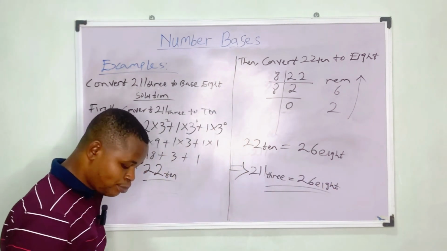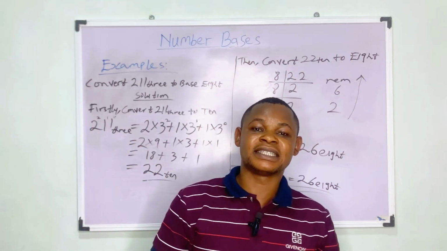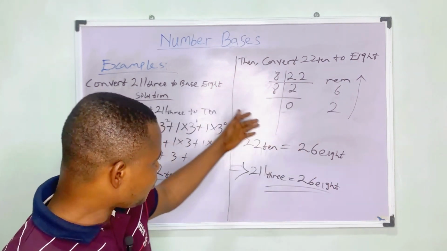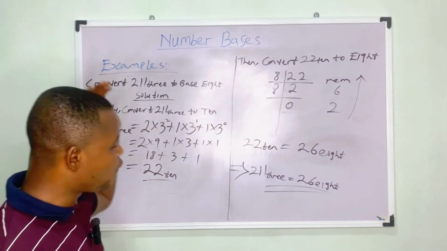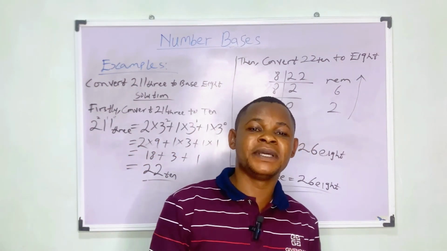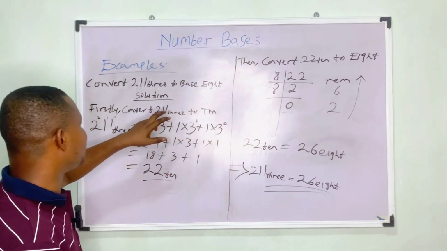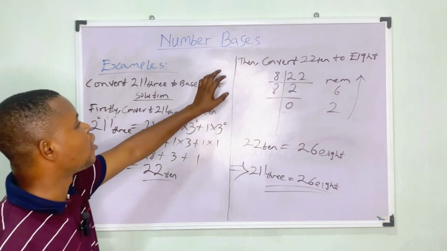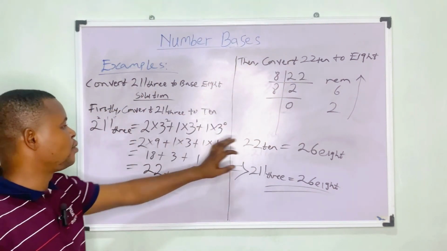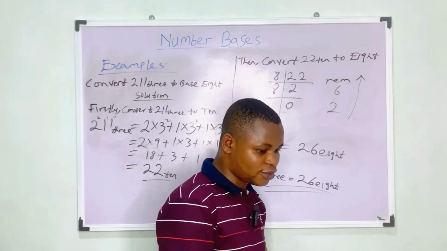It is as simple as ABC, even as simple as eating rice and beans. So, as you can see, any conversion operation you want to perform across all number-based systems will follow these two procedures. Either you are converting to base 10 or you are converting from base 10. You follow either of these two procedures to achieve your results.